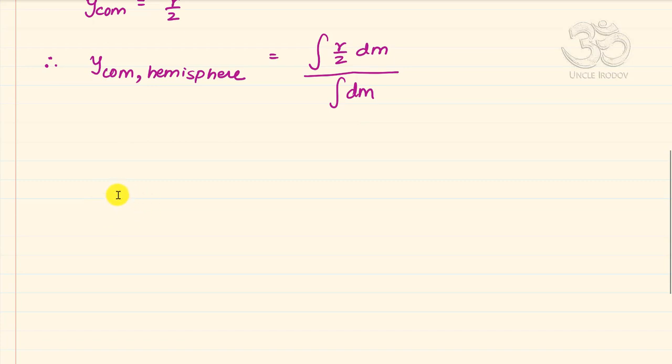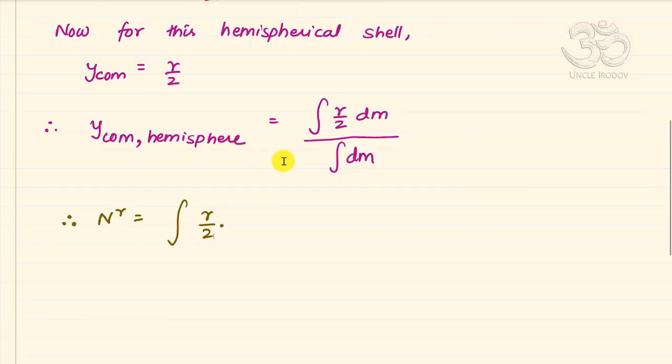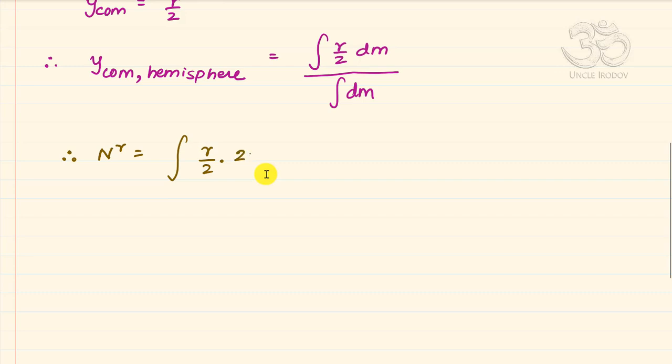So therefore the numerator is integral of r by 2 times dm, where dm is 2 pi r square dr into rho, and this integral has to go from limits 0 to capital R, and I think we can do everything in one step.